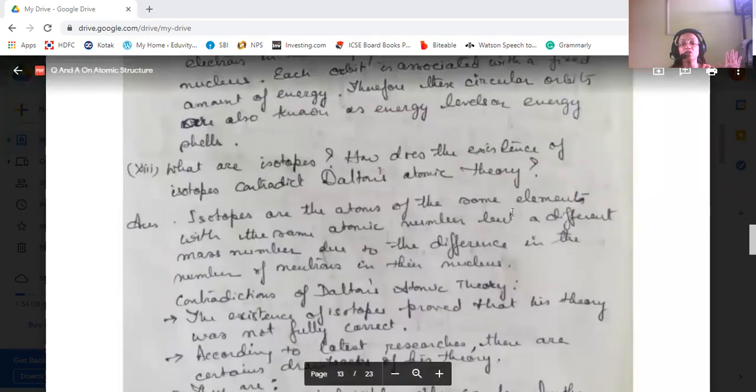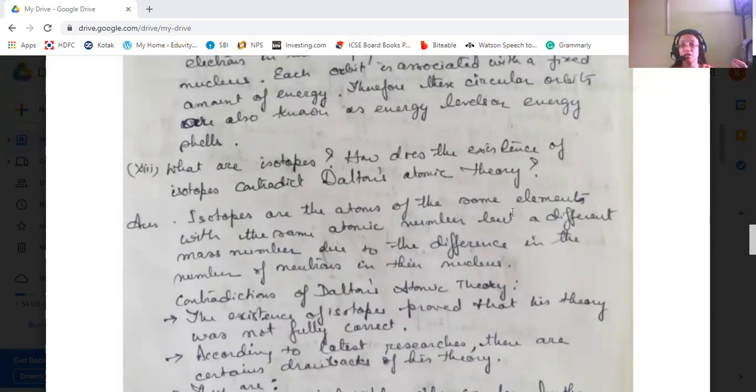What are isotopes and how does the existence of isotopes contradict Dalton's atomic theory? Isotopes are atoms of the same element with the same atomic number but a different mass number due to the difference in the number of neutrons in their nucleus. Atomic number is the same, electronic configuration is the same, but the only difference is the mass number, because the neutrons in the nucleus differ between 2 atoms of the same element.